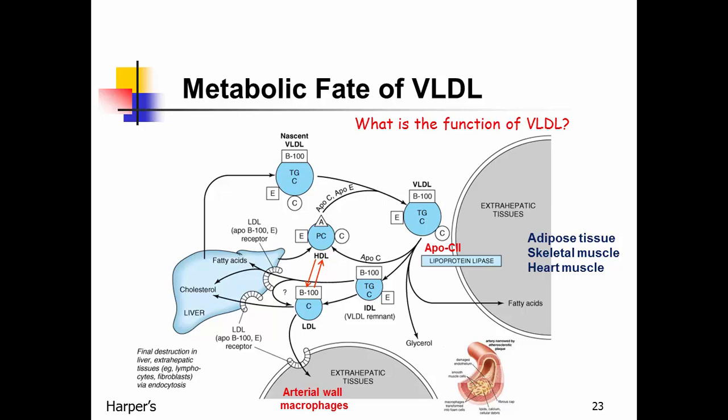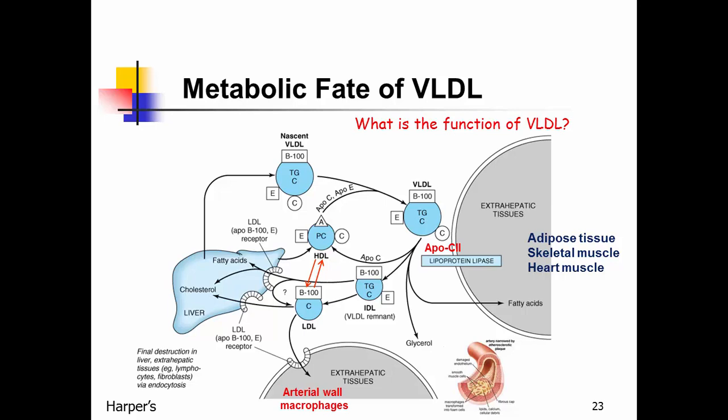In the fed condition, it can go to the adipose tissue for storage of triglyceride, and during fasting, it can be transported to the skeletal muscle for utilization of the triglyceride fatty acids as energy.